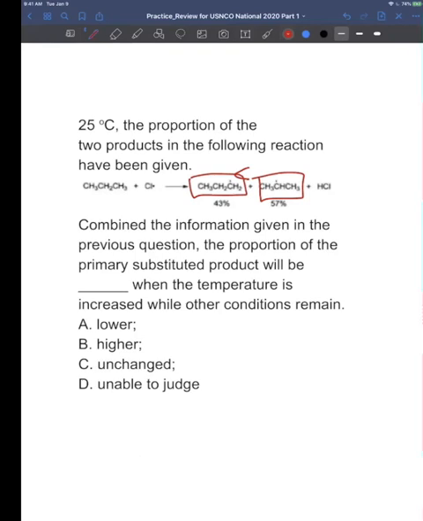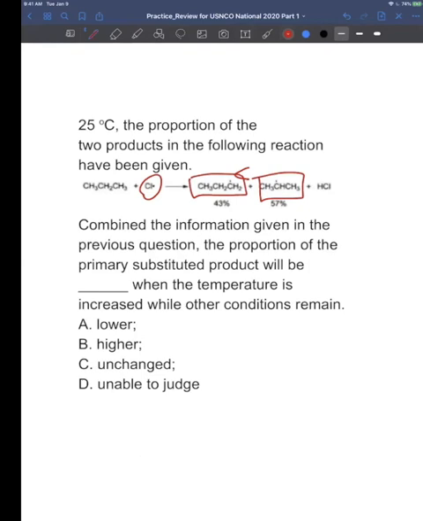hyperconjugation, right? So at a lower temperature, you can imagine the chlorine atom will carefully compare which place is more stable and choose that place to react. At a higher temperature, the reaction is more rigorous. It's much faster, which means the chlorine will not really choose a place. It will just randomly select a position.